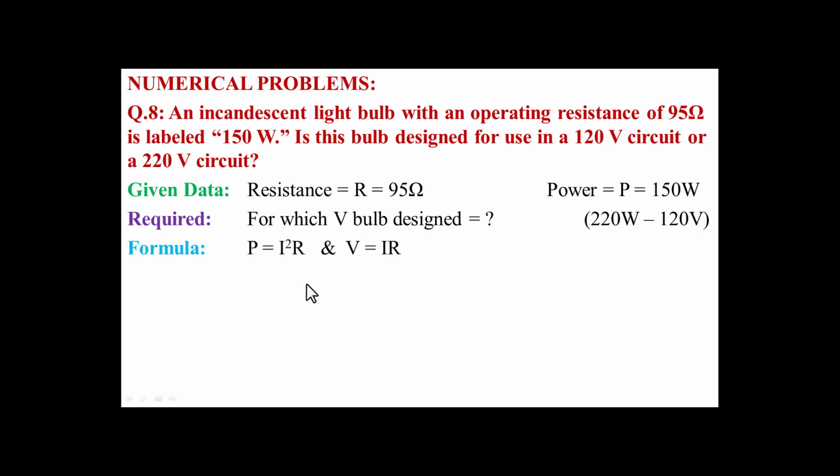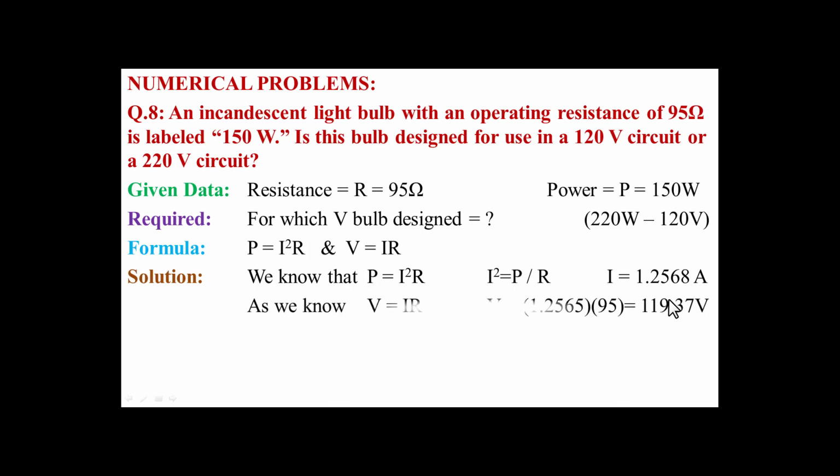Now according to Ohm's law, V is equal to IR, and power P is equal to I square R. Here we use I square is equal to P upon R. Then putting the values, I square is equal to 150 divided by 95, and taking square root on both sides, I is equal to 1.2568 ampere.